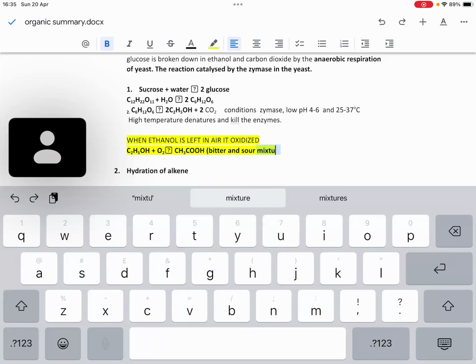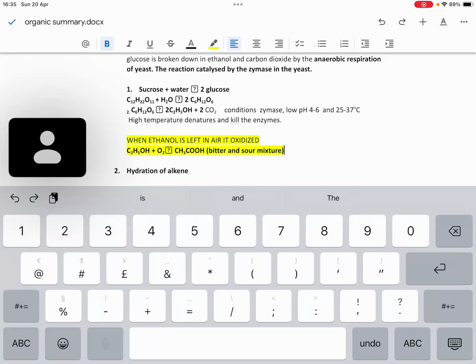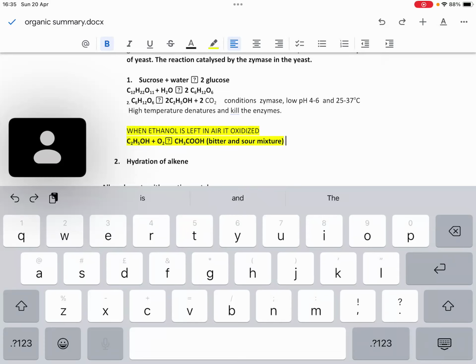Just using these terms because these are terms that they use in the examination. So if ethanol is left out, for example, if you have a beer and you leave the beer out, oxygen is exposed to it. The oxygen can react with the ethanol to produce ethanoic acid. Another name for ethanoic acid is acetic acid.